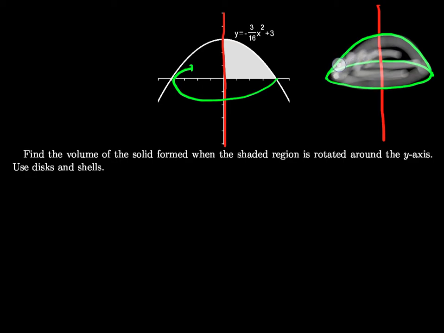Alright, so here we go. You can see that we have this sort of hill shape right here. That's not as nice as the last ones, but you get the idea.